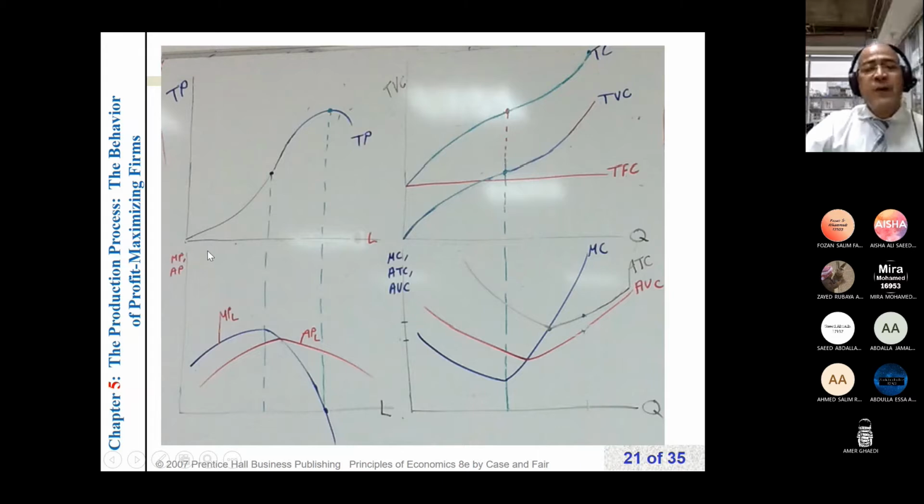As you see, we have 3 stages of production. Hopefully you can concentrate. Try to understand the behavior of total product. First stage, second stage, and third stage of production.